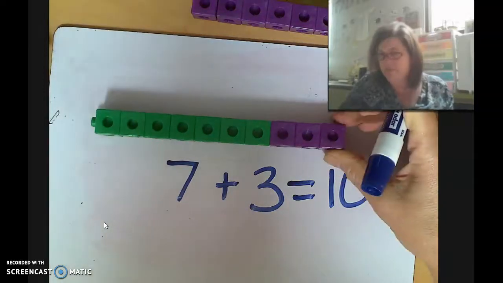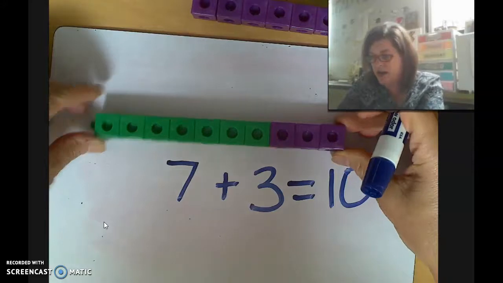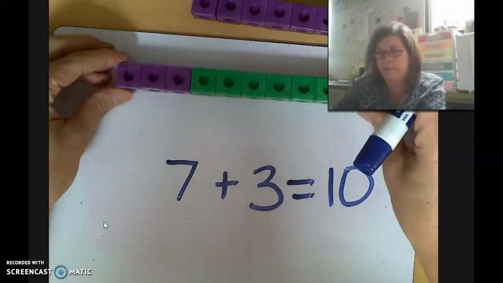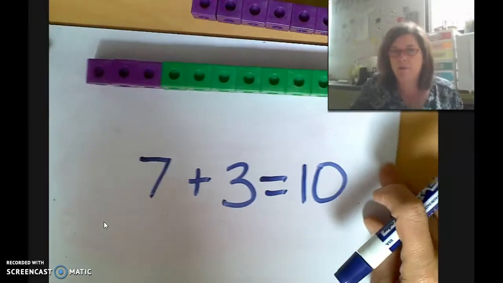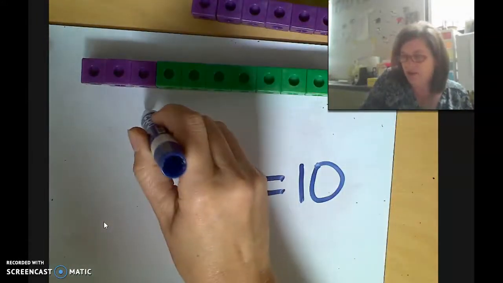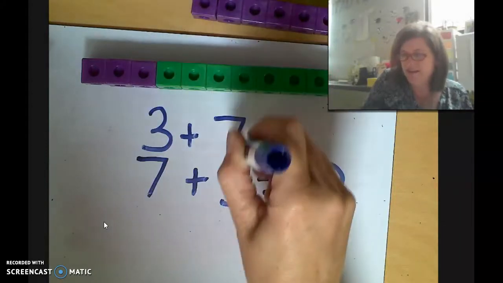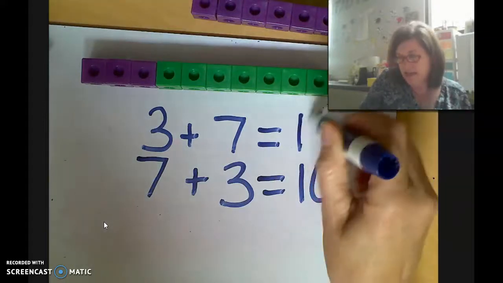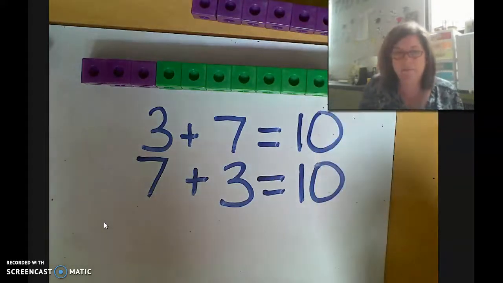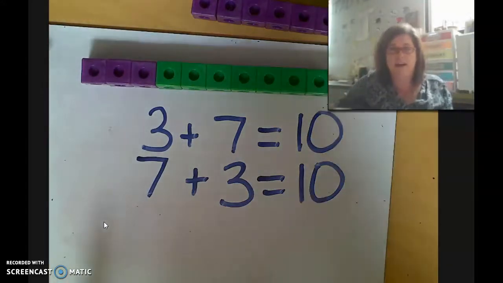Are you ready to say it? Grab your stick, flip it over, and kabam! Have a new math problem. Our new math problem now says 3 on this side plus 7 on this side equals, same number, stays the same, 10.